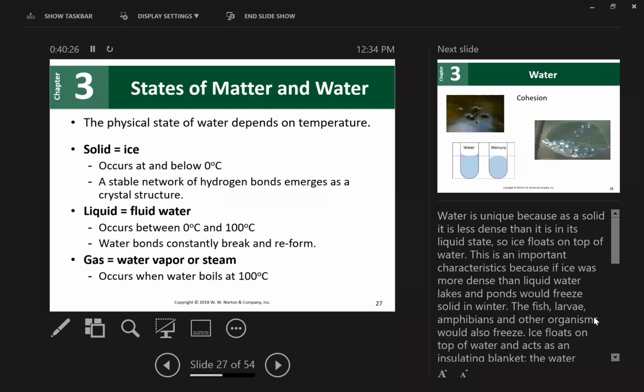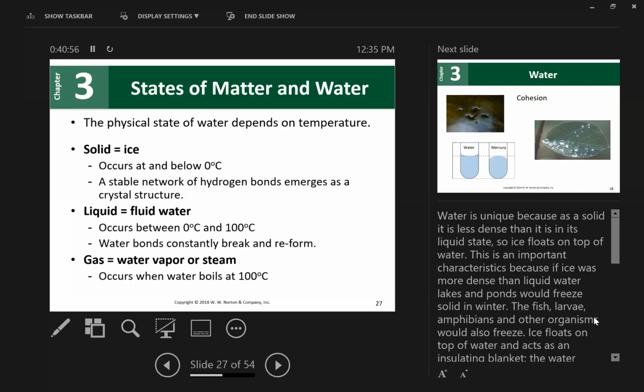Okay, so let's talk a little bit more about these unique characteristics of water, because we can find it in 3 different physical states depending on the temperature. Water is unique because as a solid, it's less dense than it is in a liquid state. That's when we find ice floating on top of water.